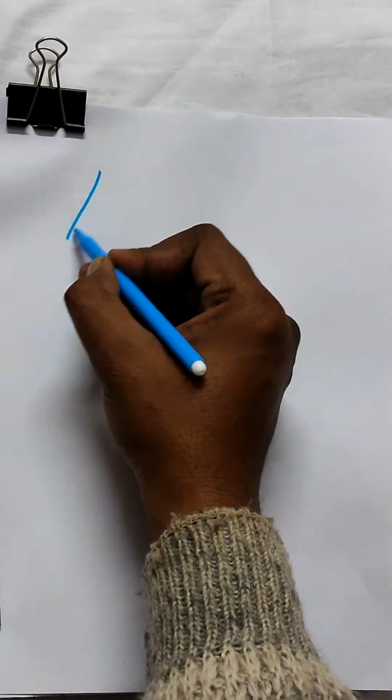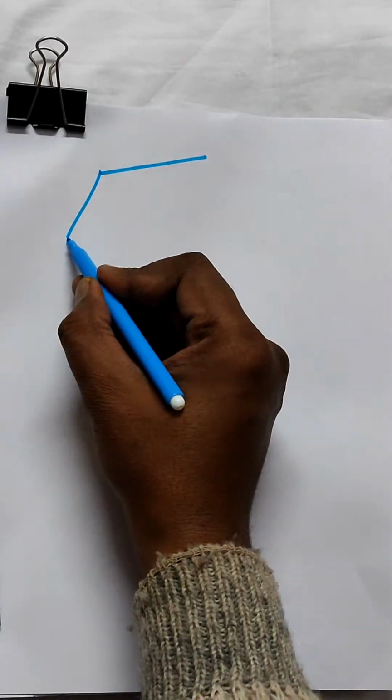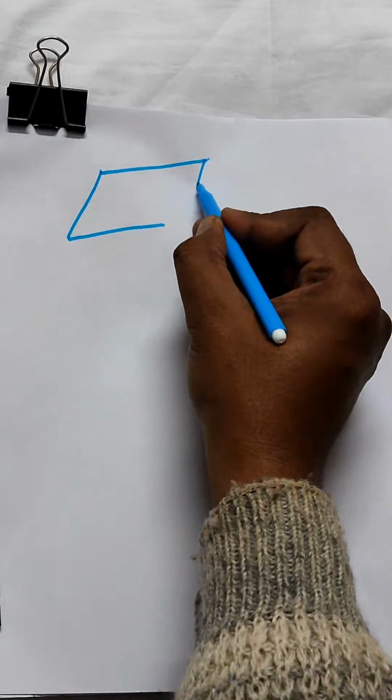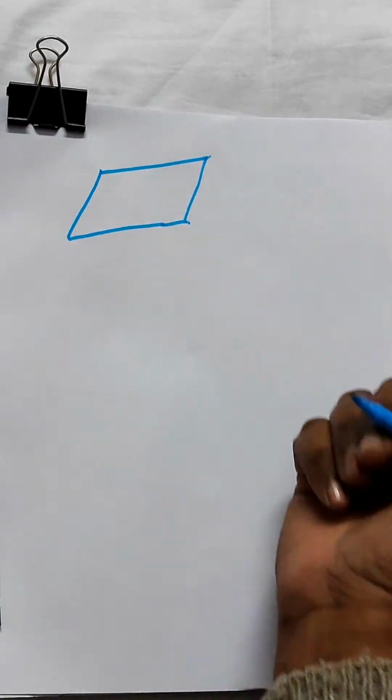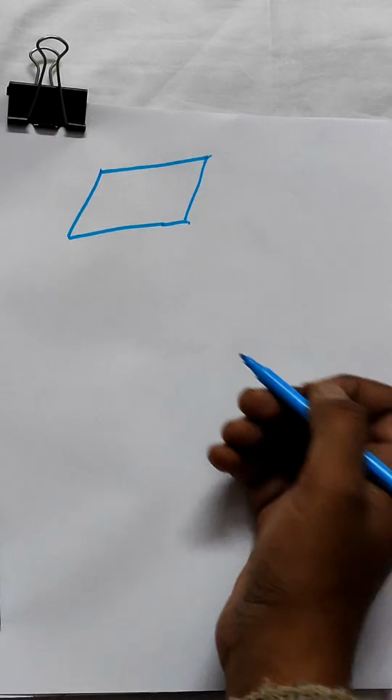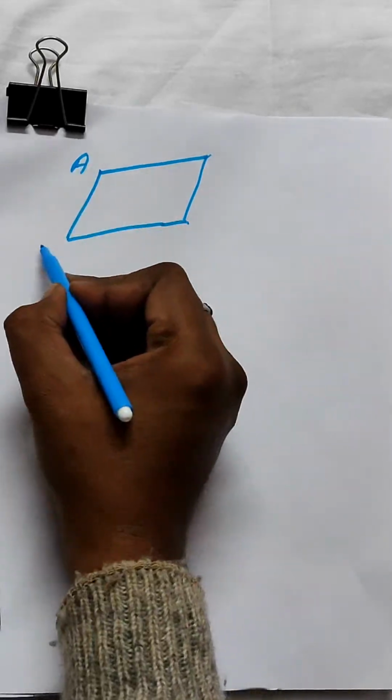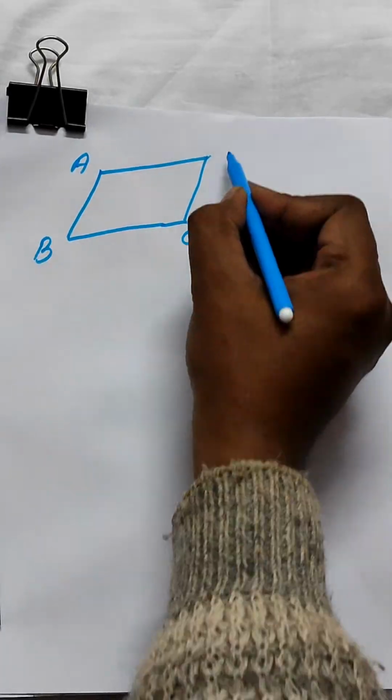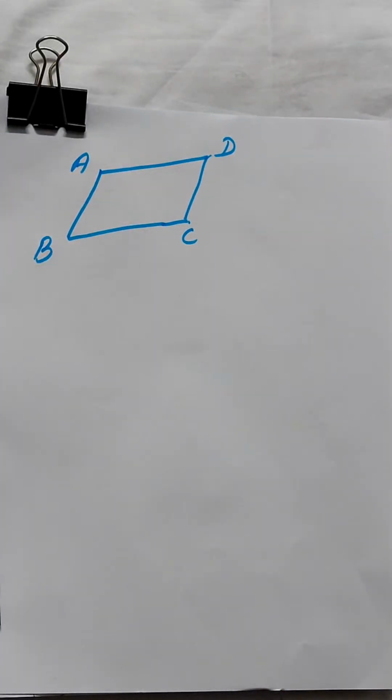A parallelogram is given, let's say this is a parallelogram, and A, B, C, and D are the four vertices of that parallelogram, right?